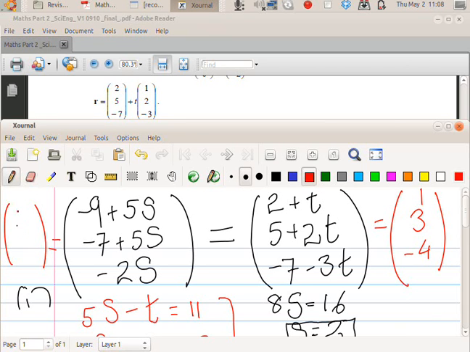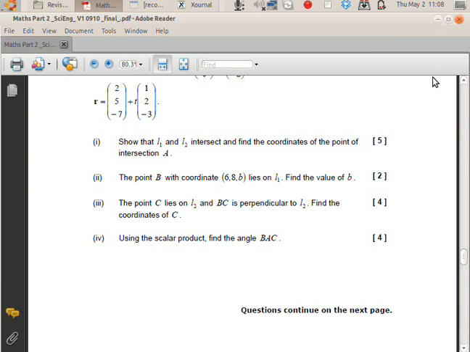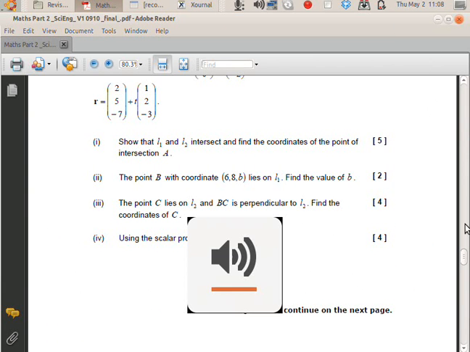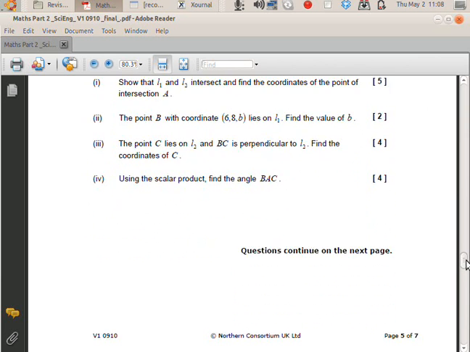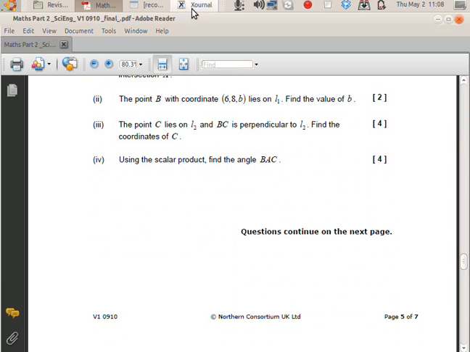So that's how we show the intersecting. Not too bad for 5 marks. Vectors is always this kind of style, right? Yeah, usually like this.